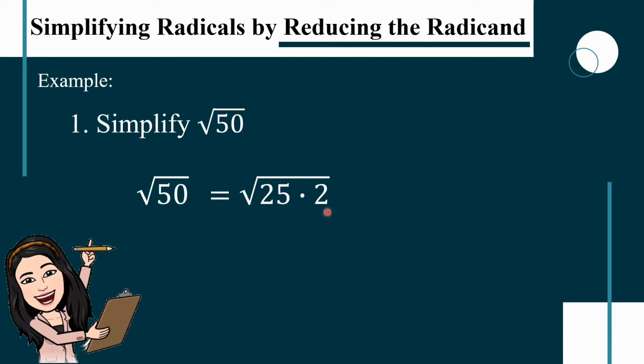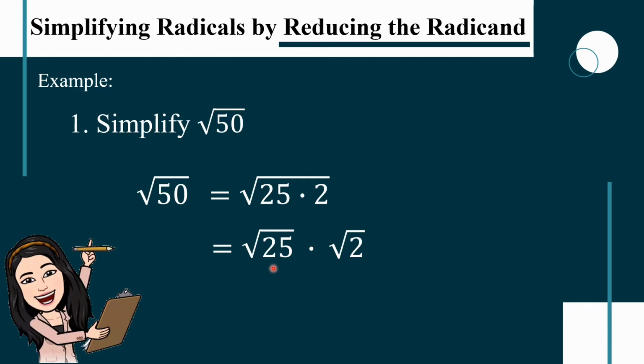Okay? Then, let us simplify. Ang square root of 25 is a perfect square, so therefore, we can simplify it. Paghiwalay natin, isang square root of 25 at isang square root of 2. Ang isa ay perfect nth root at ang isa ay not a perfect nth root. Yung perfect nth root na square root of 25 ay isimplify na natin or ilabas na natin sa ating radical symbol.